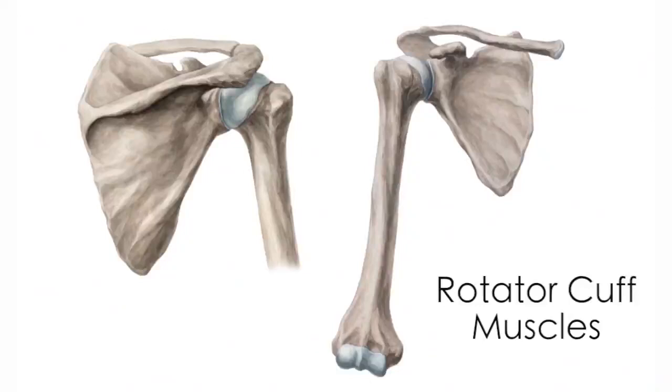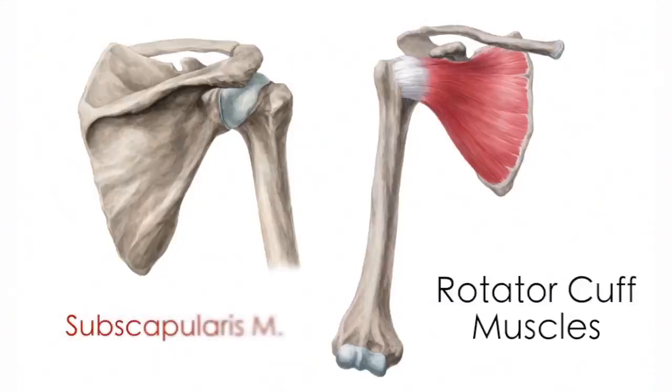And the rotator cuff muscles, there are four. The first one that you can see anteriorly is the subscapularis, which originates on the scapula and goes all the way to the lesser tuberosity of the humerus. So that's why you can see that it is related to the shoulder joint.